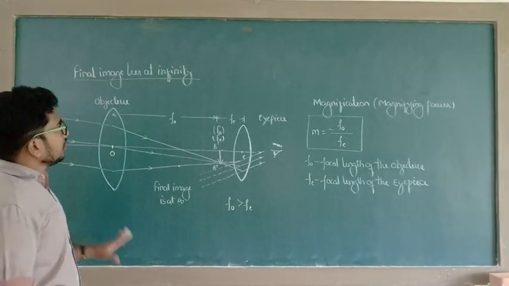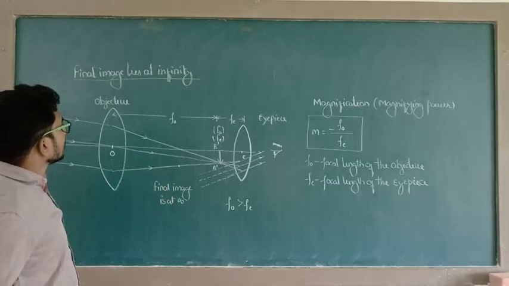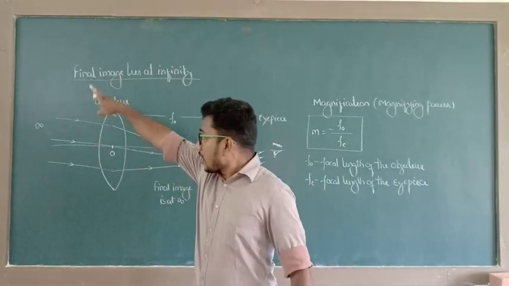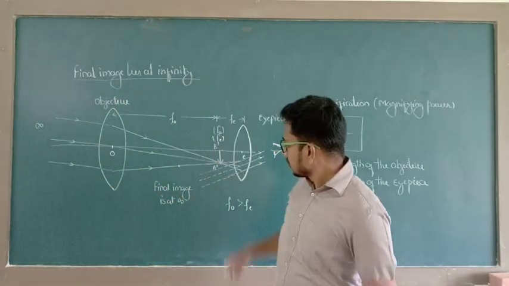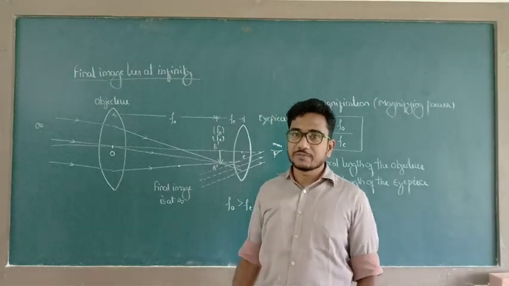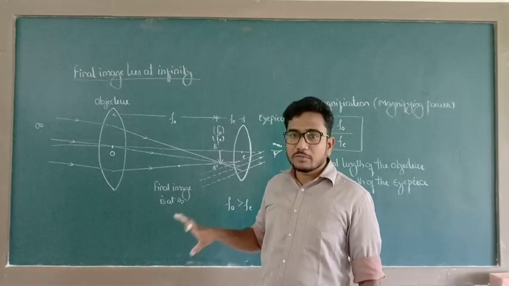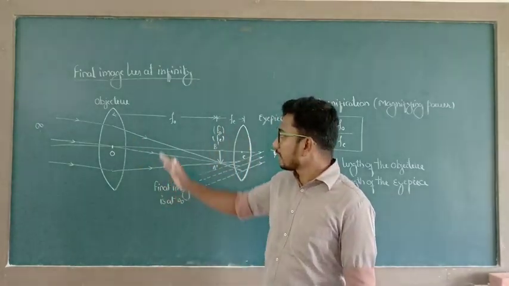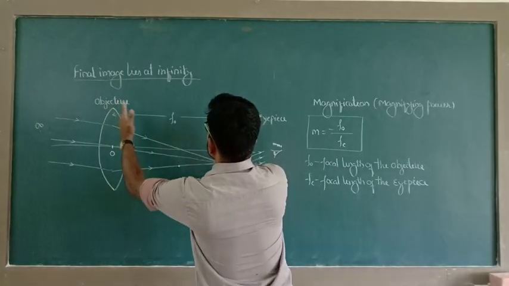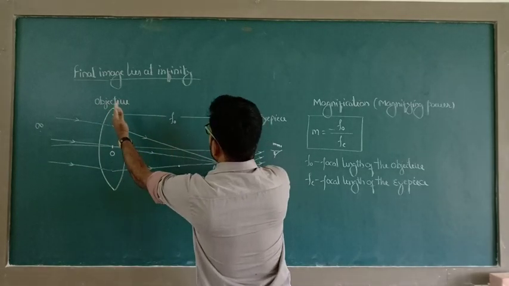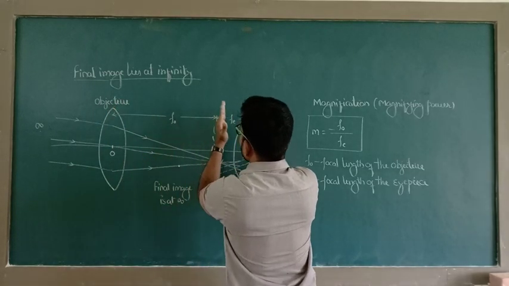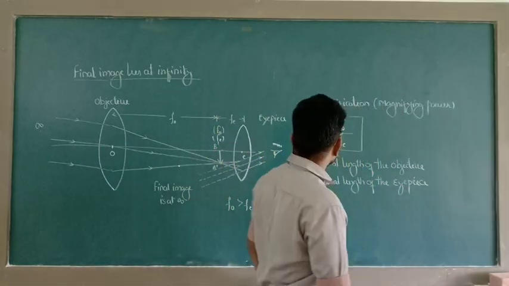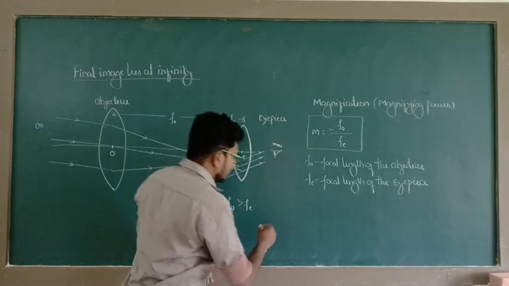So this is the normal adjustment of the telescope. So in a normal adjustment, the object lies at infinity, so the image also lies at infinity. In case of this normal adjustment, the length of the telescope is given by the focal length of the objective plus the focal length of the eyepiece.